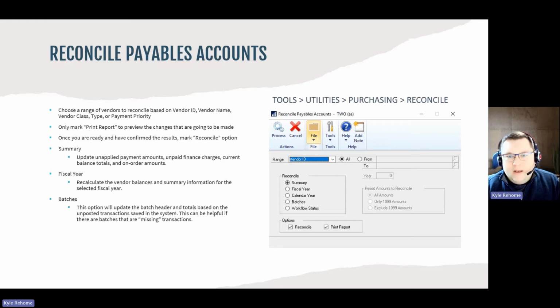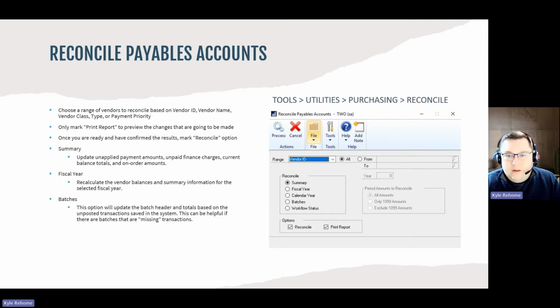Next, we'll talk about reconciling in payables. Under the purchasing module, utilities, and then reconcile, you'll find this window. Here we get a little more in depth in what we can choose to reconcile. The first thing to consider is what range of accounts you want to reconcile.